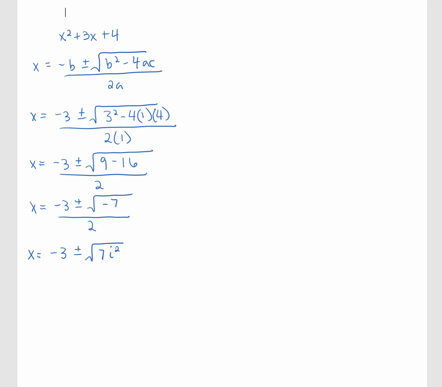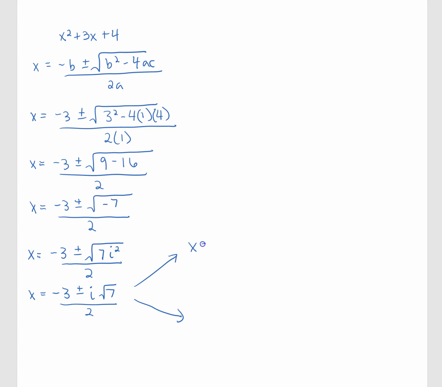And that's all over 2. So we can take the square root of this i squared, and that's just going to be an i on the outside, and we're left with a square root of positive 7 over 2. And in this case, we can go to our two options with our plus or minus here.